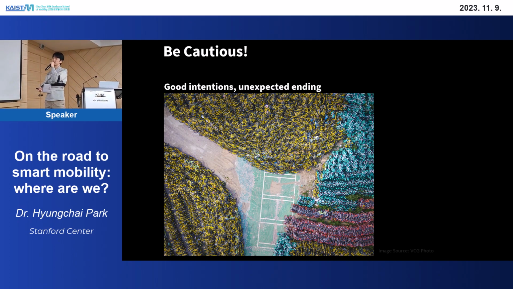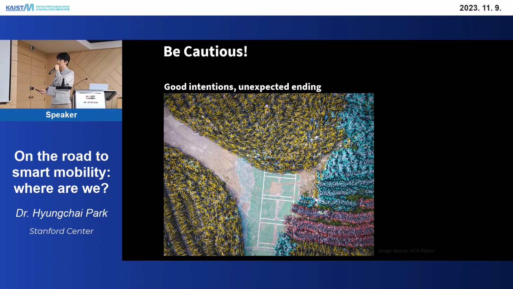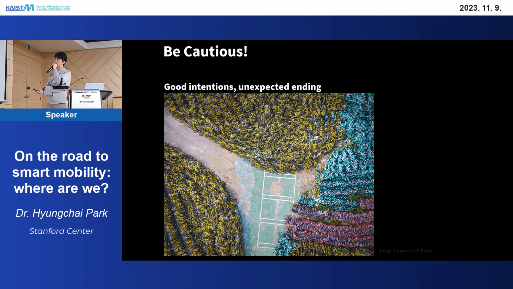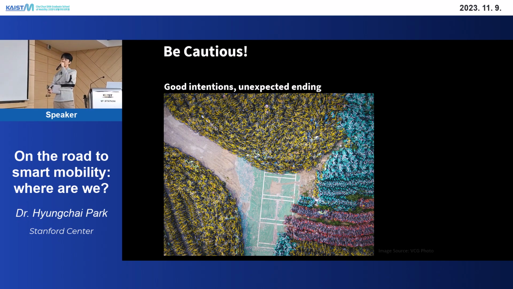The shared bicycle started with a good intention to solve the mobility problems in a city, but some unregulated adoption of shared bicycles actually resulted in this bunch of abandoned shared bicycles, an unexpected ending.